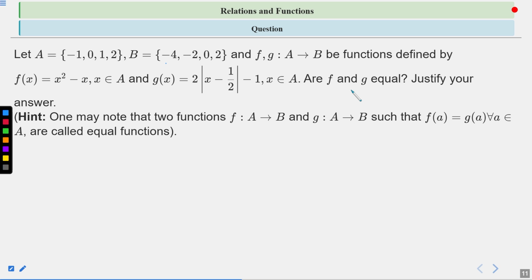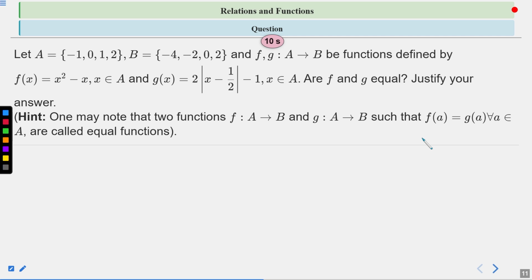One hint is that two functions f from A to B and g from A to B are called equal functions if f(a) is equal to g(a) for all a belonging to A. That is, for every a in set A, f(a) must be equal to g(a). Then only the functions f and g will be equal.